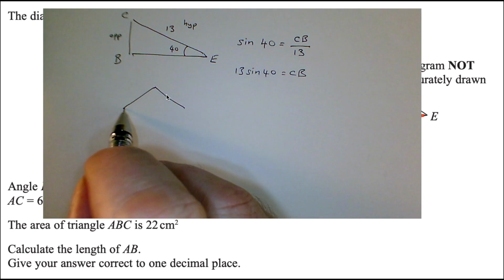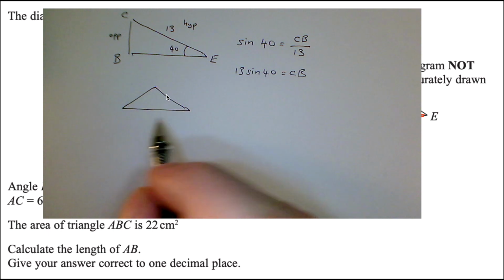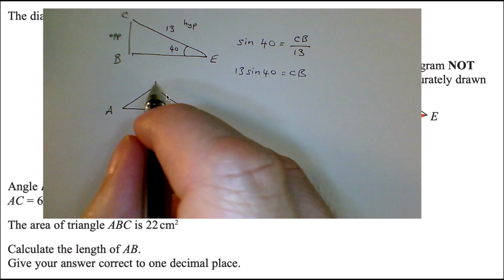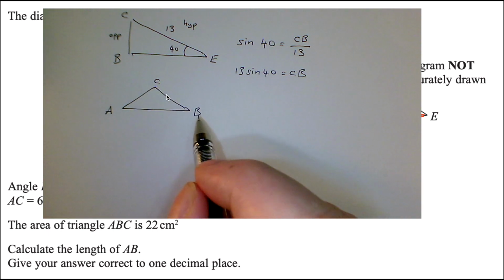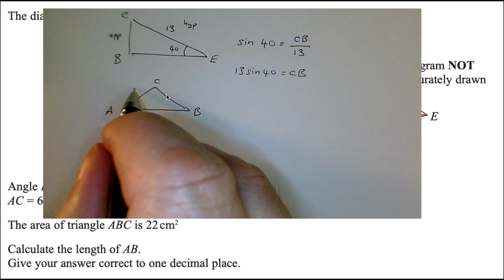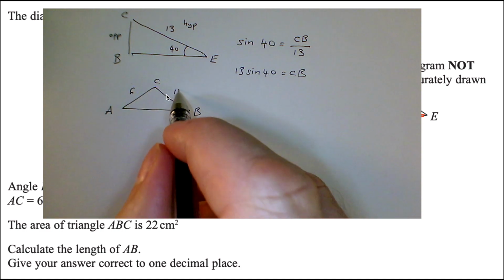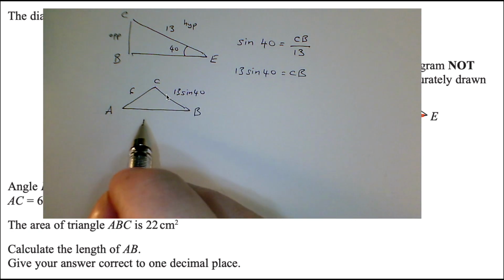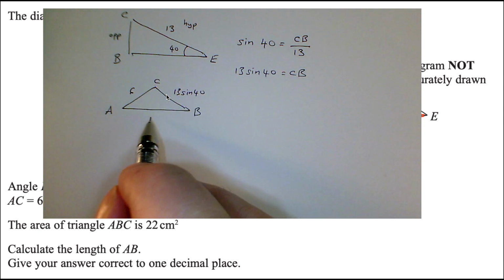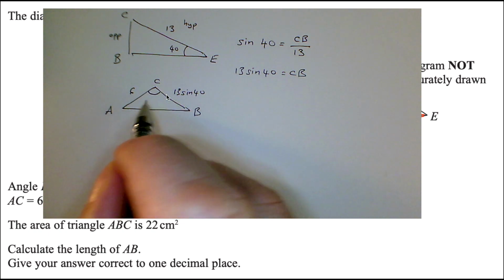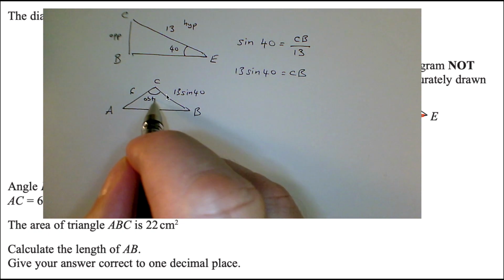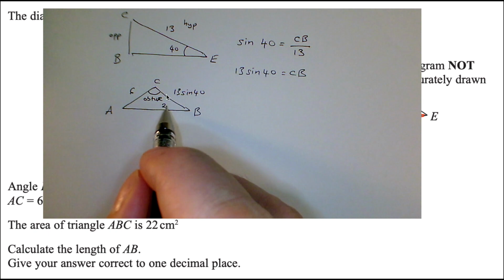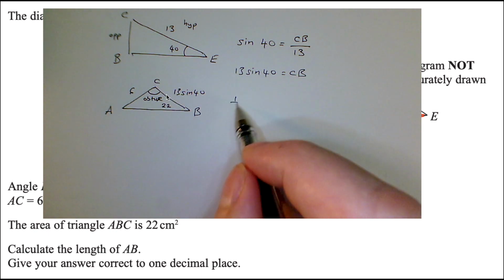So if I look at the end of my shape, I've got this triangle ACB. I know that that length is 6, they tell me in the question. I've just worked out that this side is 13 sine 40, and I know that the area of that triangle is 22. They haven't told me the angle, but they told me it's obtuse, so I've got to make sure it's bigger than 90 degrees.